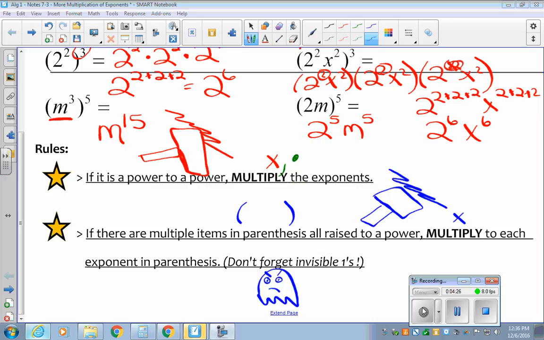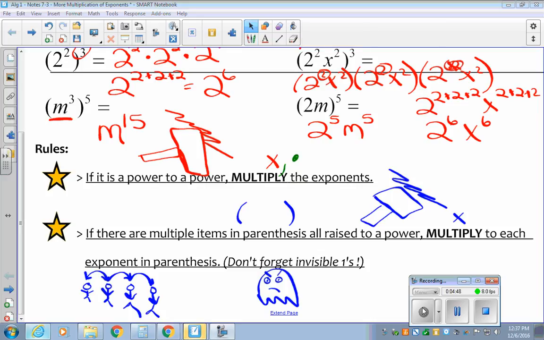So I'm going to put a little rainbow on these little people. They're each of them going to get a rainbow. So they each get their rainbow.